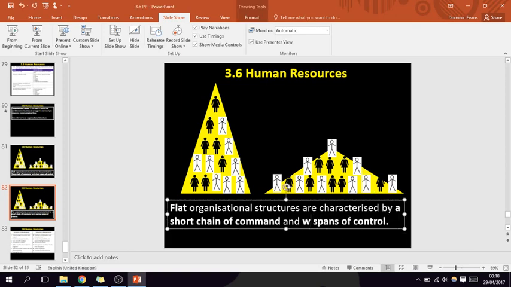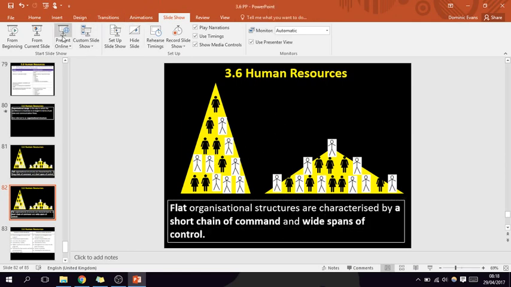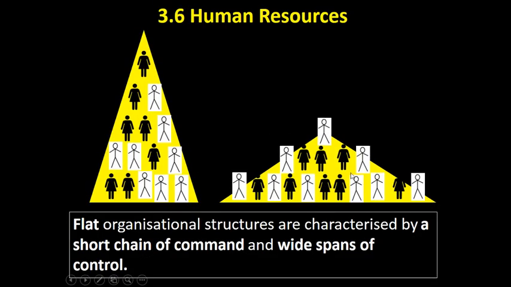So what that means is each manager might be in charge of quite a lot of people. So you've got very big teams. One manager, in the tall structure, has a lot of layers. Each manager maybe manages 4 or 5 people, whereas with a wide span of control, each manager in the organisation may manage a team of 30 people, for example.